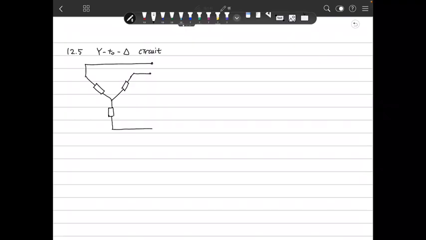Define these terminals as A, B, and C. Then we define their common point as N. Here we can define some variables, voltage and current. Because we have three elements in this circuit, we need to define three voltages and three currents.